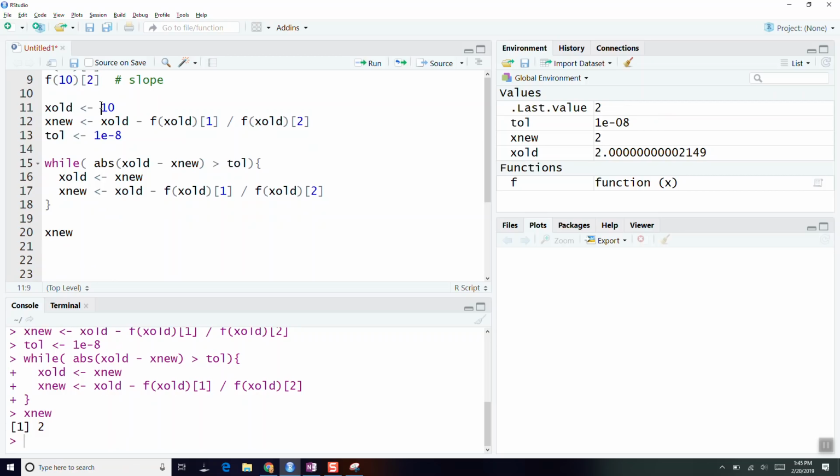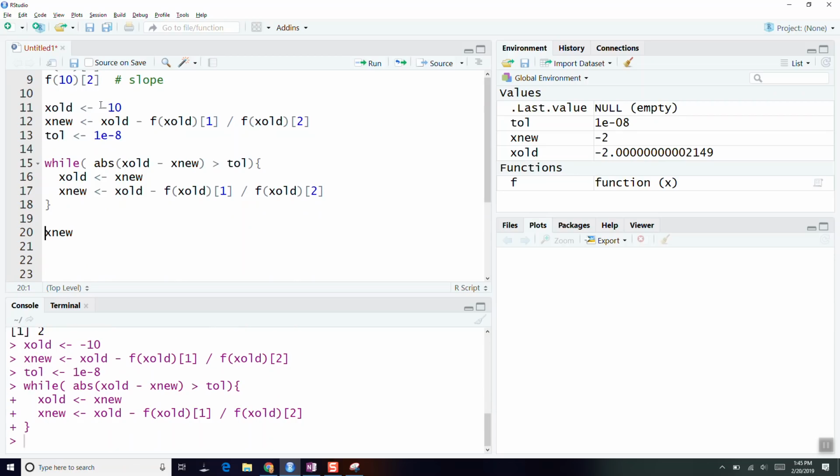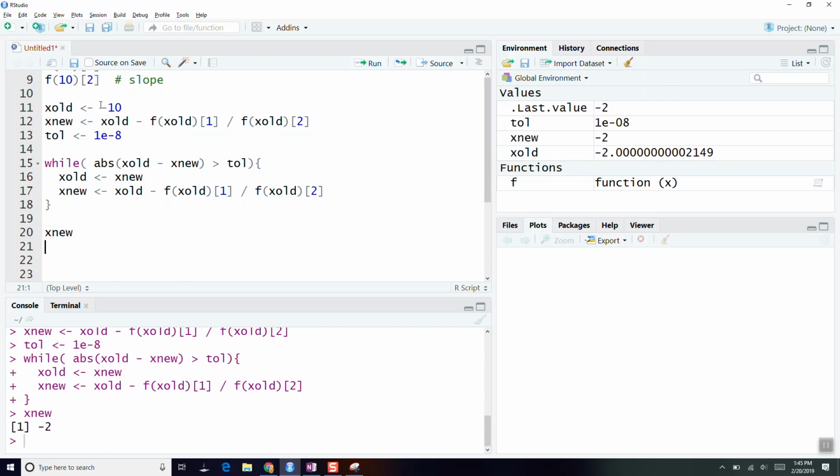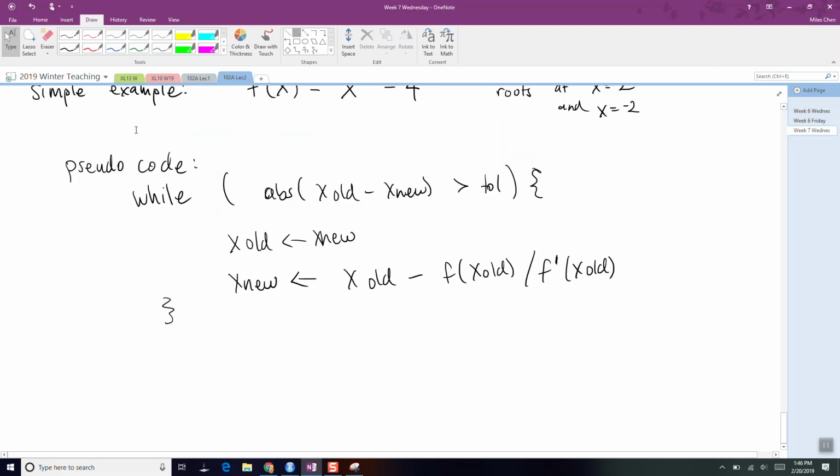If I gave it a different starting point, say -10, okay, x new is -2, so it gives me the other root. Okay, so I would say it's pretty successful at working.